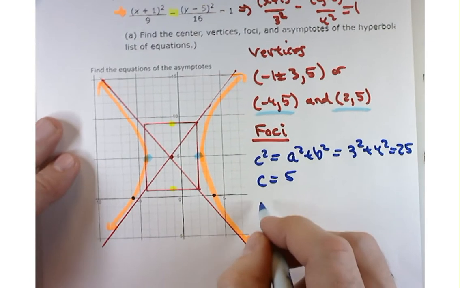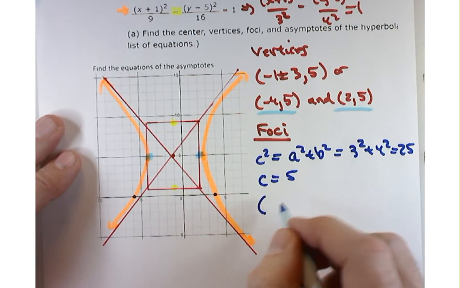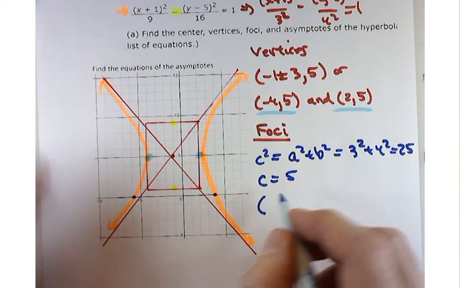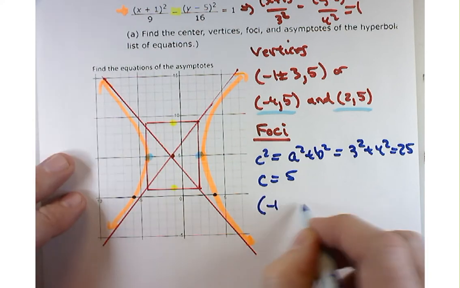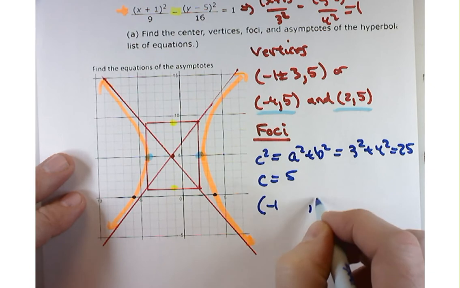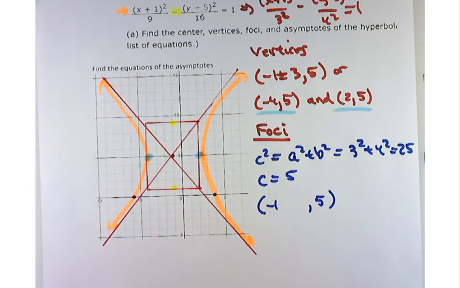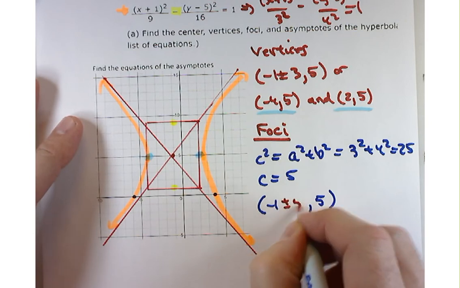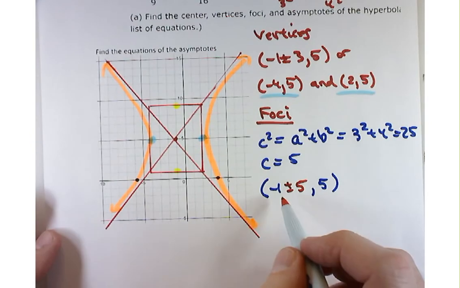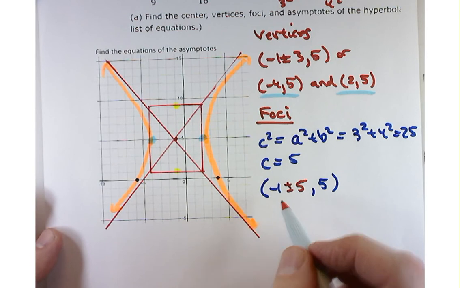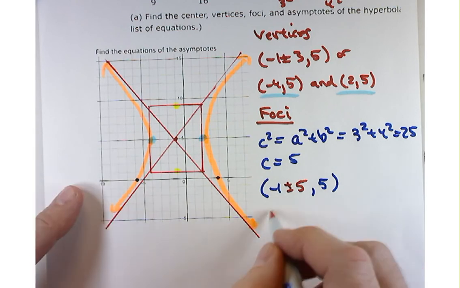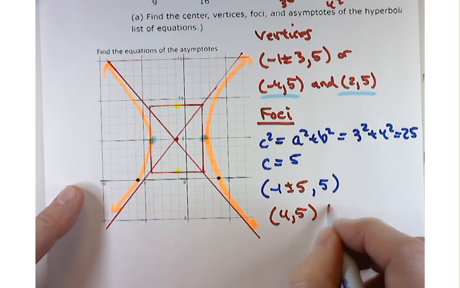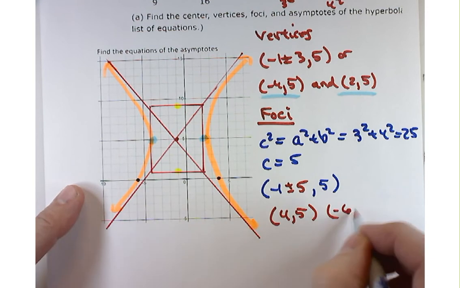So our foci are going to be at our center plus or minus 5. So -1, leave some space, 5. So this is how you're going to find your foci. It's going to be -1 plus or minus 5. -1 plus 5 is going to be 4. So I'm going to have a focus at (4, 5). -1 minus 5 is going to be -6.